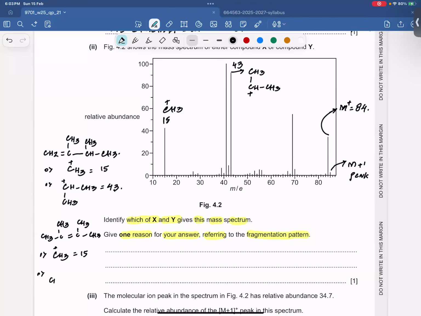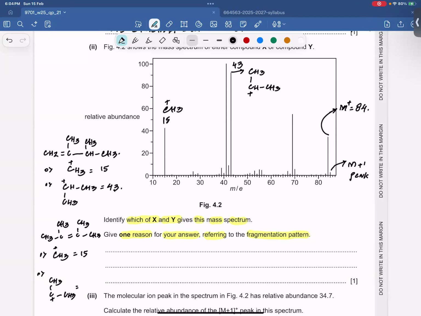The second fragment shows this, and I think it's going to be, I don't know how much peak.